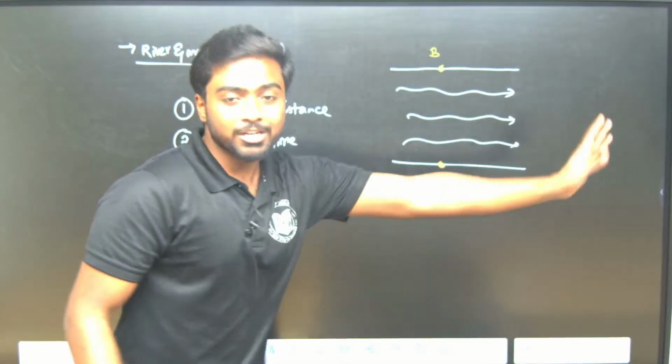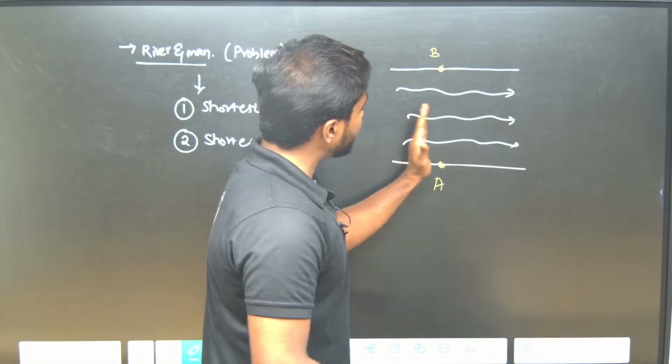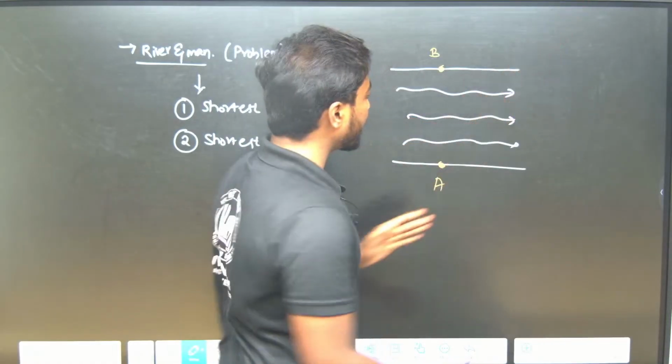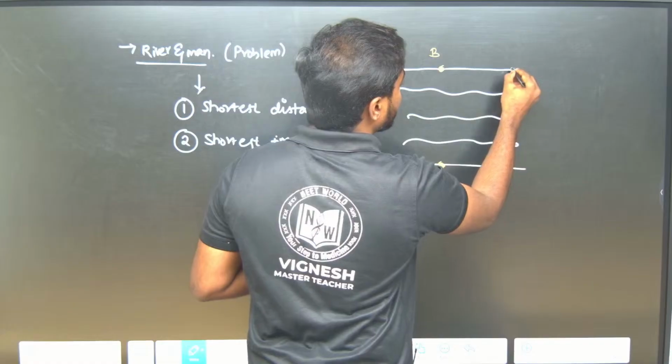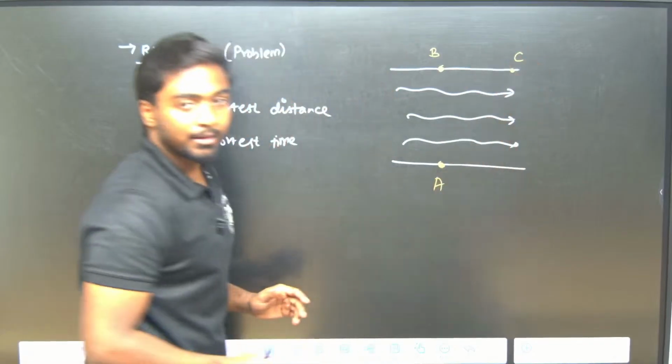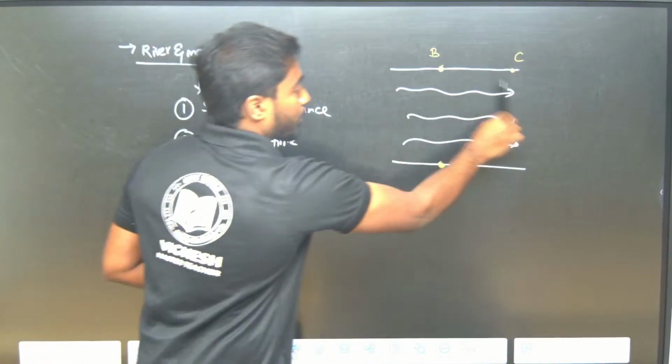But someone is pushing like this. So if I am walking in this direction and someone is pushing, I will be going somewhere like this, to point C, because the river is flowing like this.